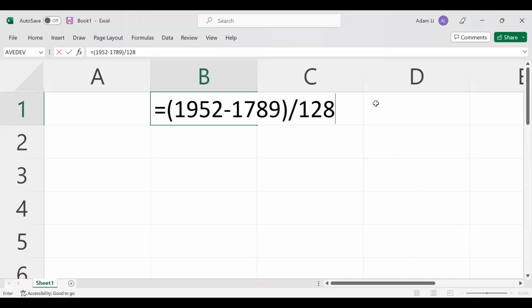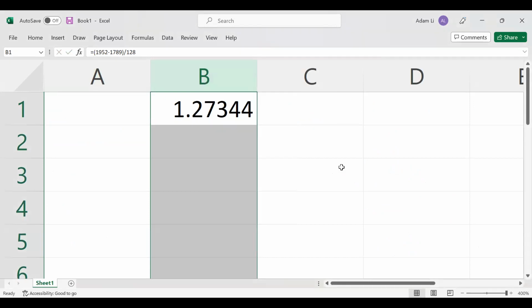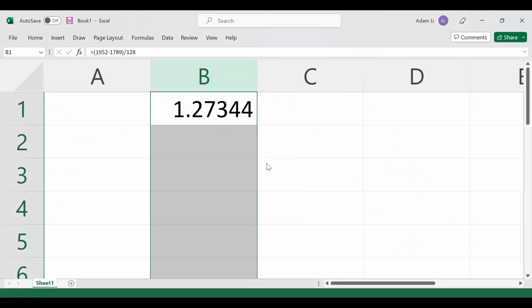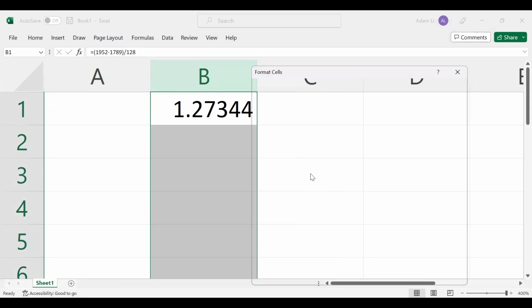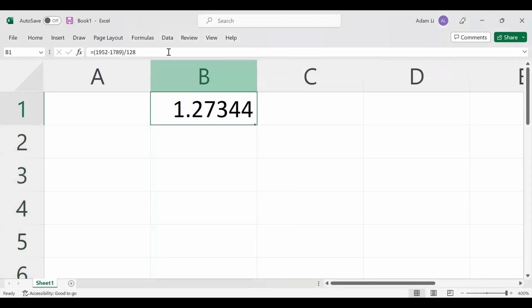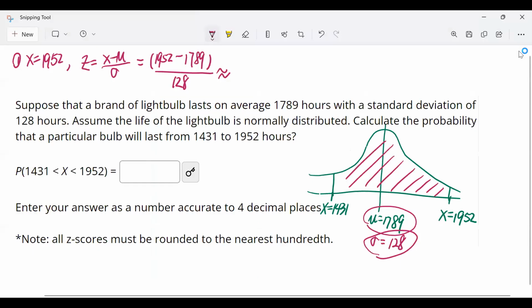Hit enter, we get 1.27, and we only need 2 decimal places. So we highlight this column and format it to 2 decimal places. My computer is a little slow today. Okay, so approximately 1.27.